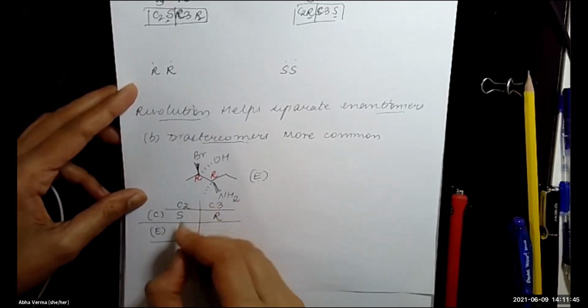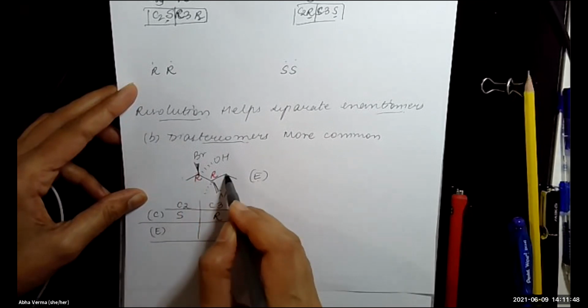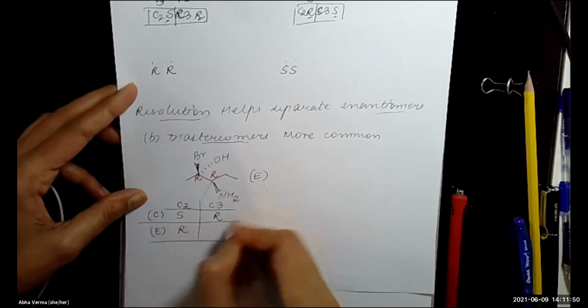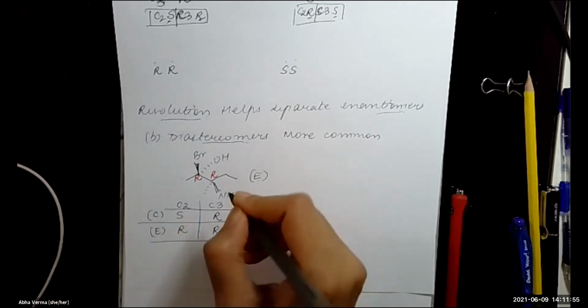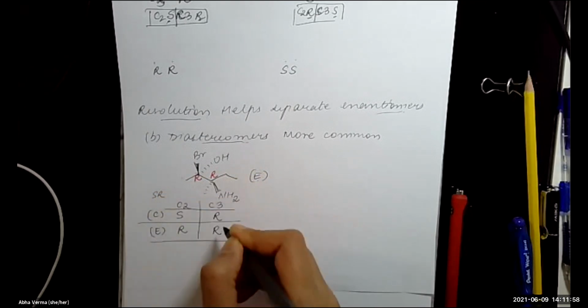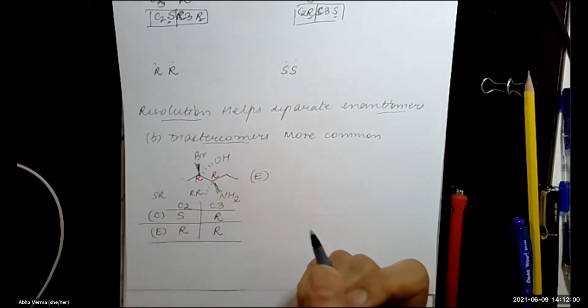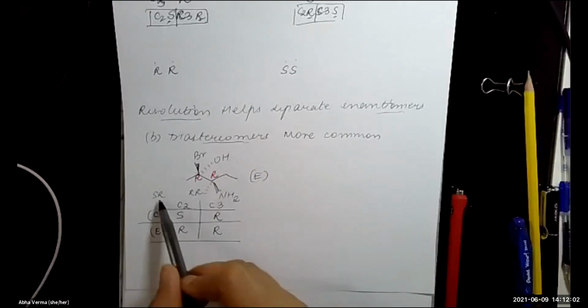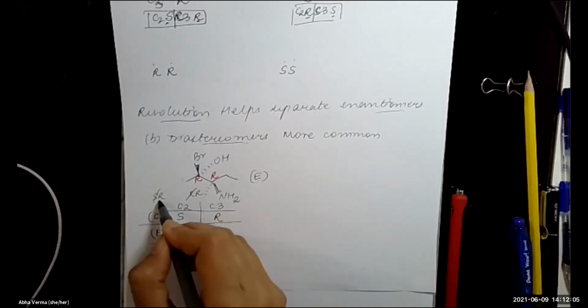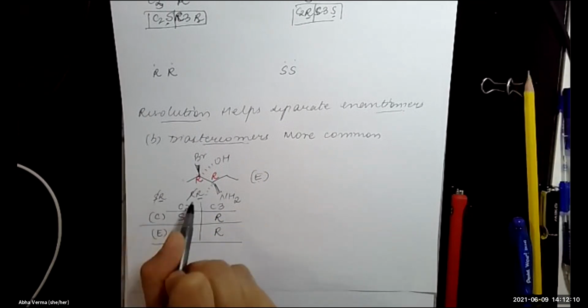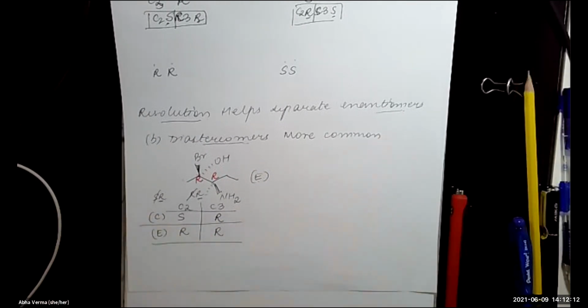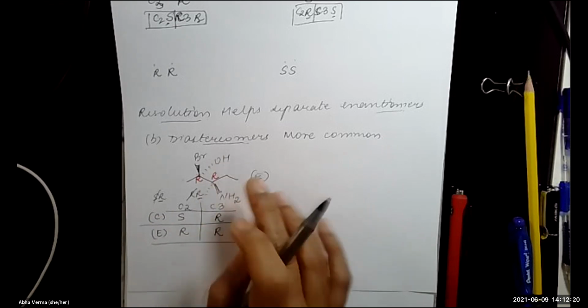At carbon 2, 1, 2, 3, 4, 5, I have an R and I have an R. So what is the relationship between these two? This is an SR and this is an RR kind of a molecule. Are these exactly opposites? They are exactly opposite at this end, but this comes here. So a weird combination and not an exactly opposite combination decides that they are not enantiomers, but diastereomers.